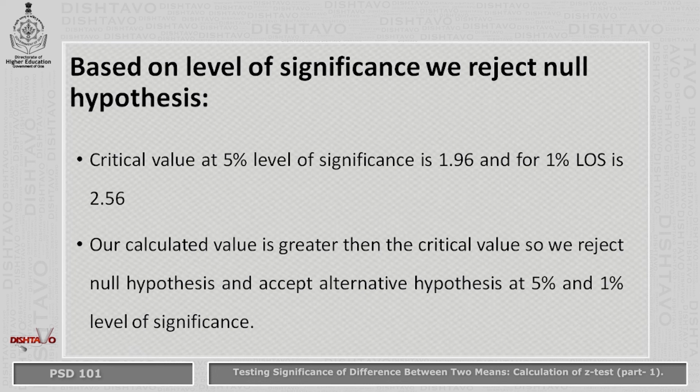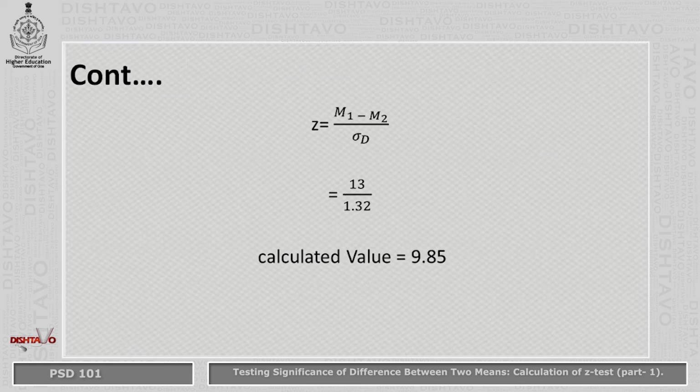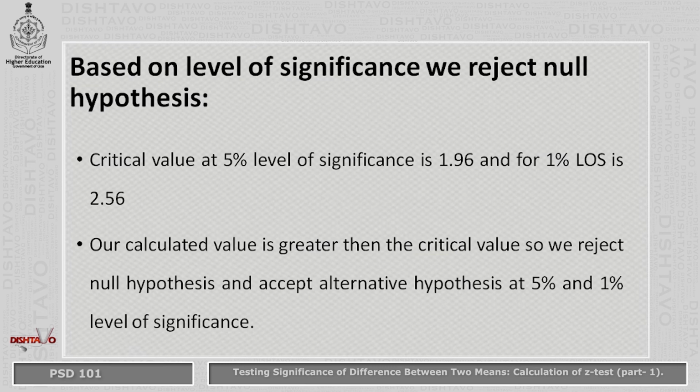So we reject the null hypothesis and accept the alternate hypothesis at 5% and 1% level of significance. Our calculated value is 9.85, which is far greater than the critical value at 5% and 1% level of significance. So we reject the null hypothesis, which states that there will be no difference between the two methods of teaching.